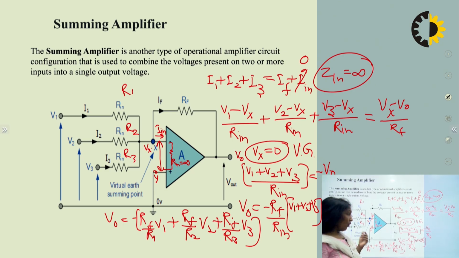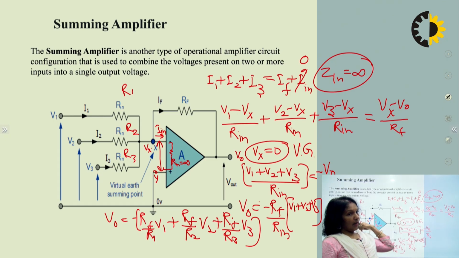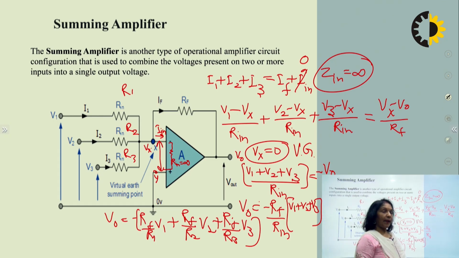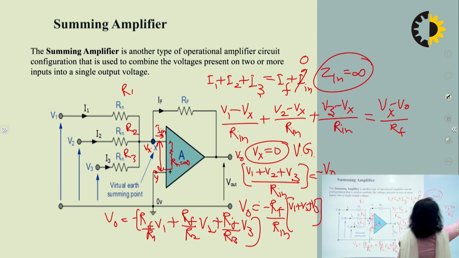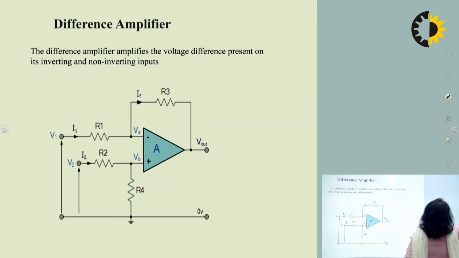If all three are equal, we can take RF by R outside the bracket, then it will be minus RF by R times the summation of all the voltages. This is how we find the sum of all the voltages applied at the input terminals of the summing amplifier.